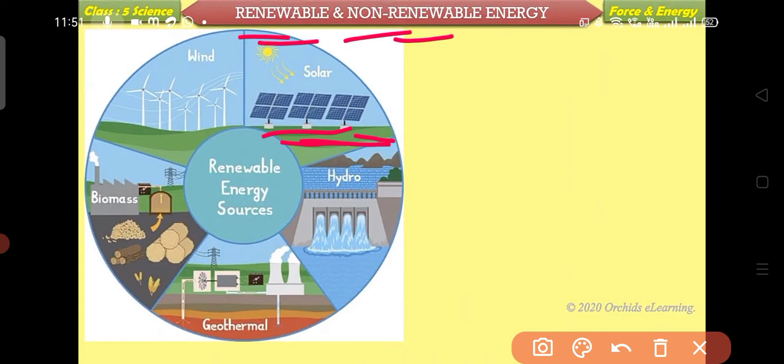The sun is universal and natural, so we will get energy from the sun for millions and millions of years. But in the case of gas or petroleum, we get the petroleum from the earth.